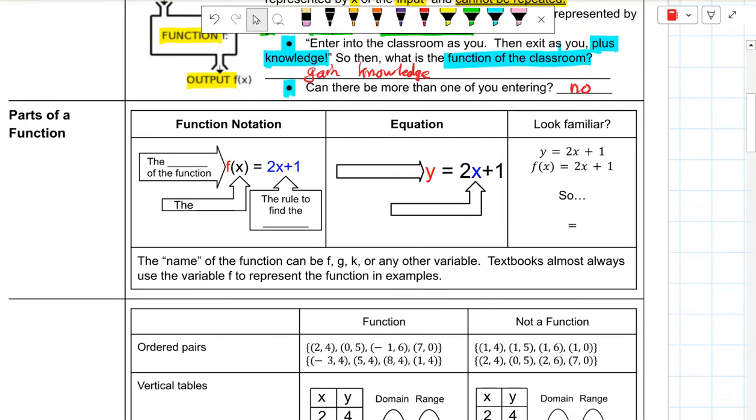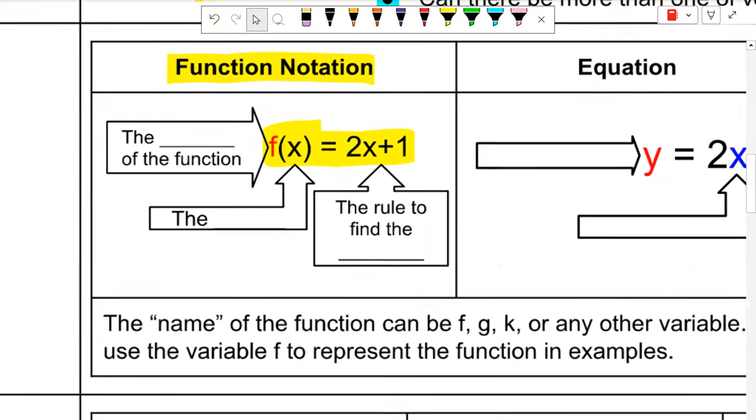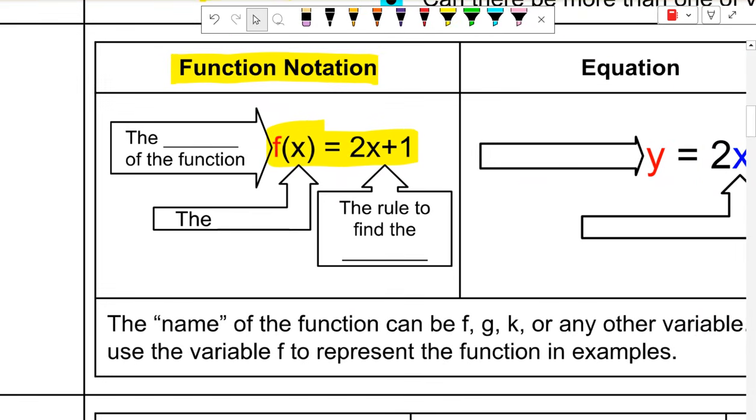Parts of a function. Well, the first thing that we see here is function notation. And this right here is a function. Let's look at the pieces of this function. The first big arrow is pointing to the red F on the screen, and that is known as the name. I apologize for my pen dragging little lines everywhere. Try to do my best.